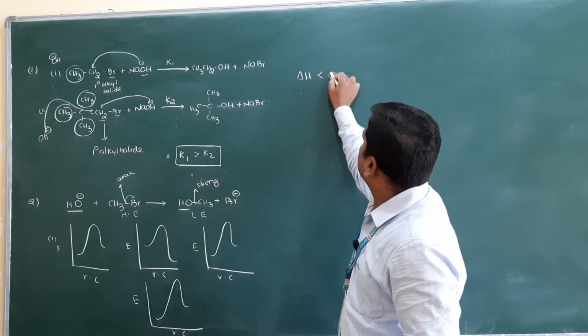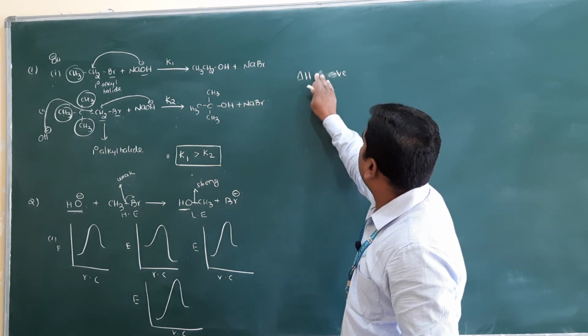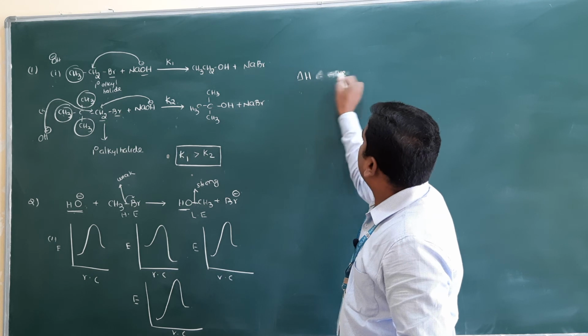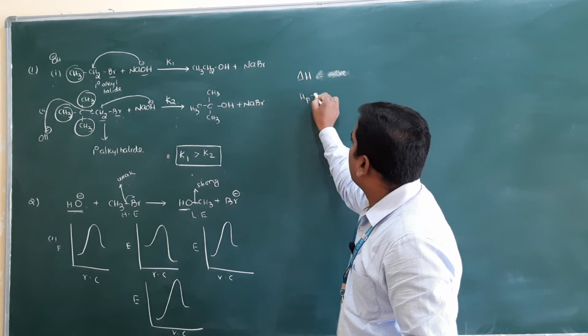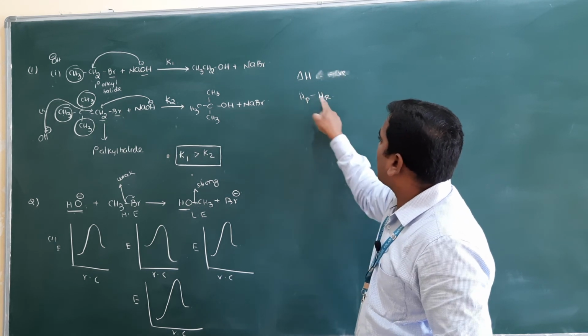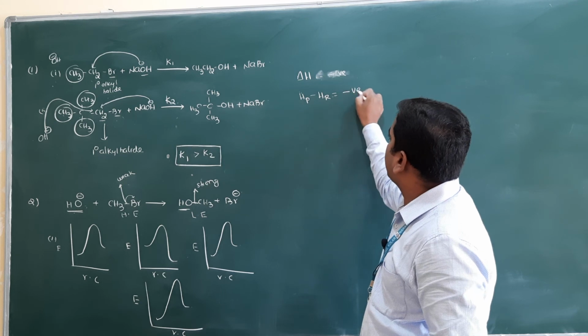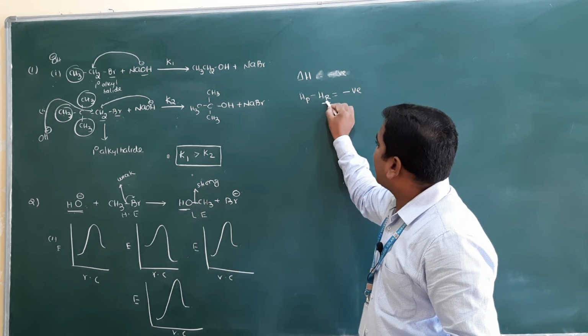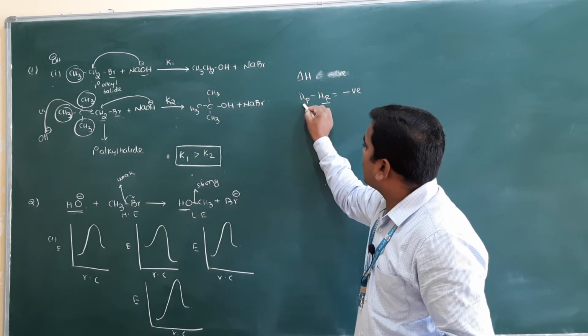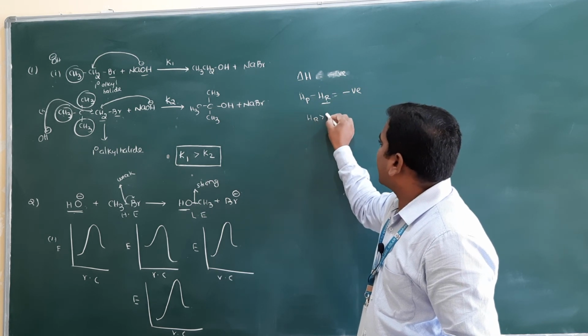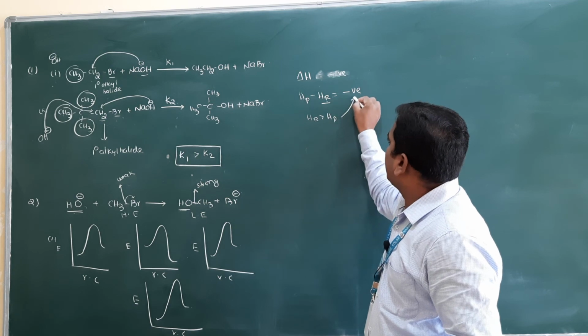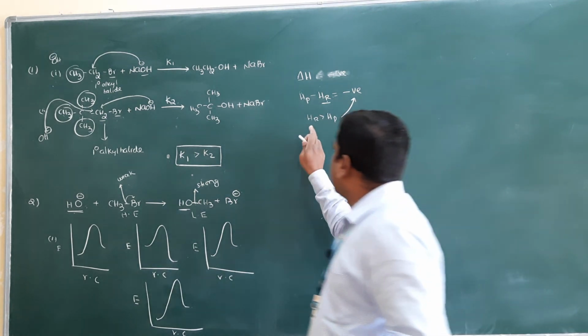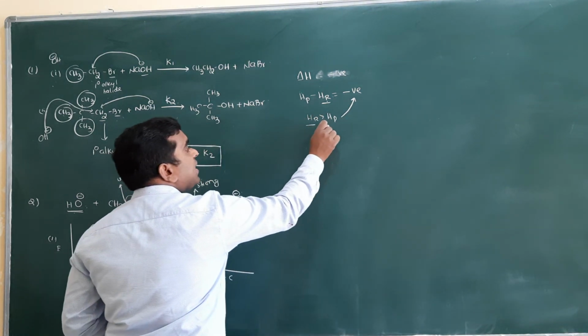Delta H is the energy of the products minus the energy of the reactants, and it should be negative. It will be negative only if HR is greater than HP. So reactant energy should be greater than product energy.